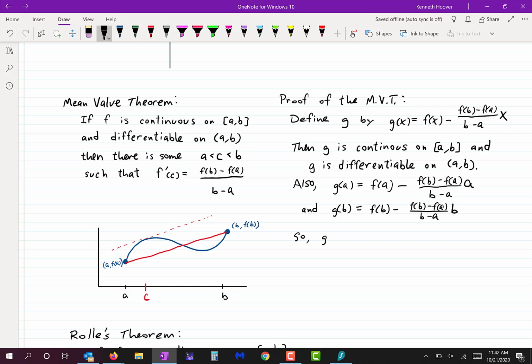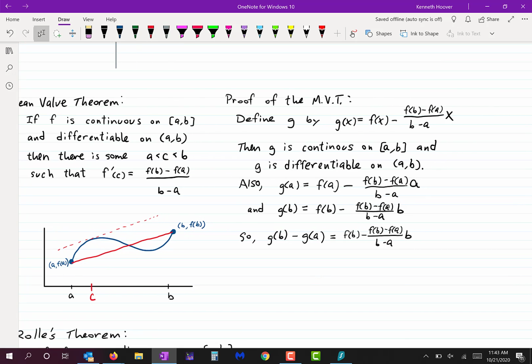Let's write down g of b minus g of a. So that would equal f of b minus f of b minus f of a over b minus a times b, and then it'll be minus g of a, so that would be minus f of a plus f of b minus f of a over b minus a times a.